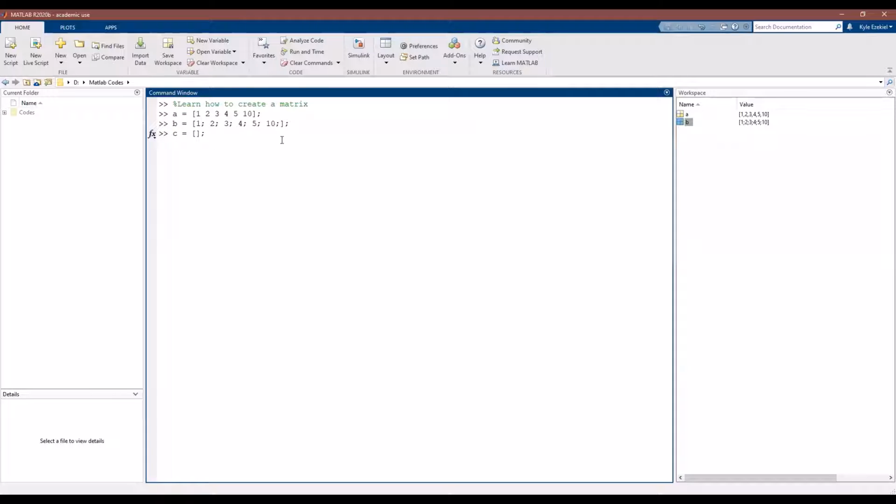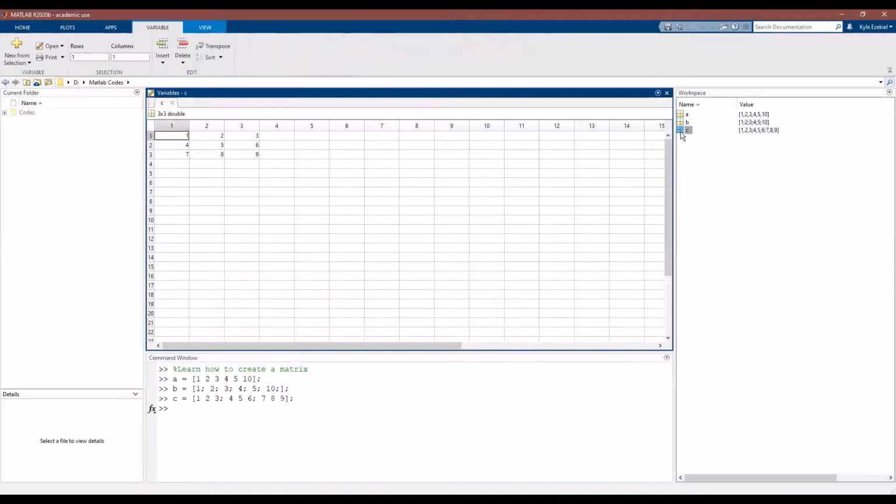For example, I place the numbers 1, 2, 3, then I want it to proceed to the next row, so I type 4, 5, 6, then 7, 8, 9. If I check C in my workspace, there we go.